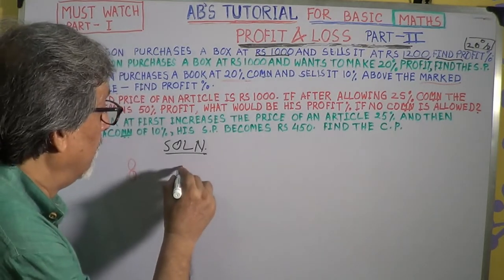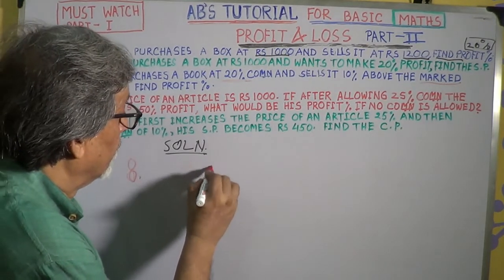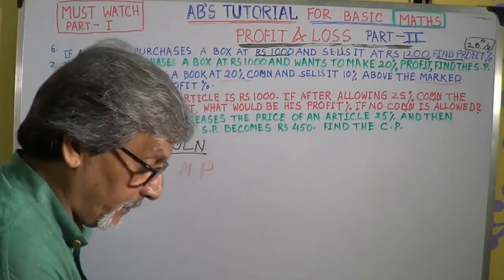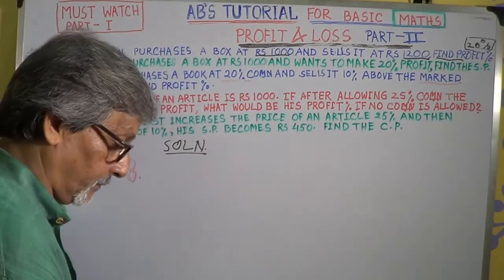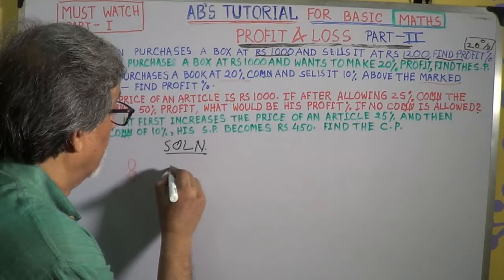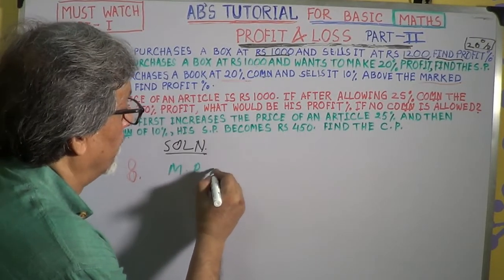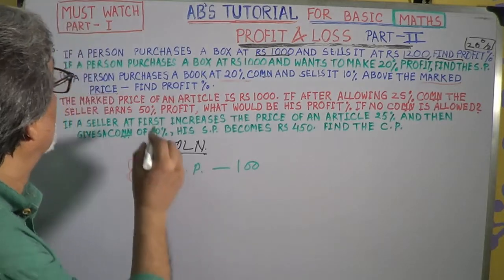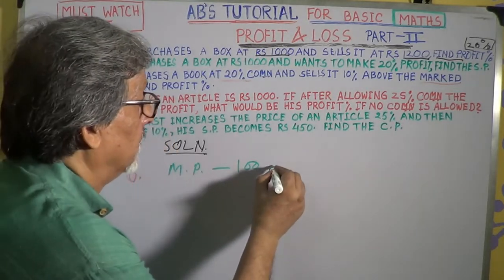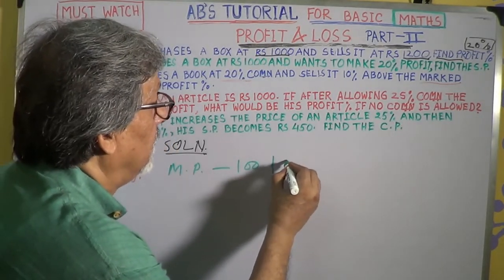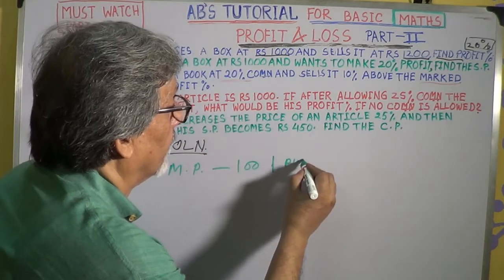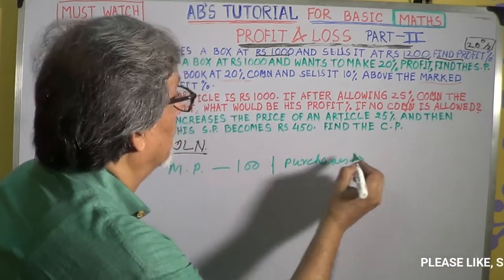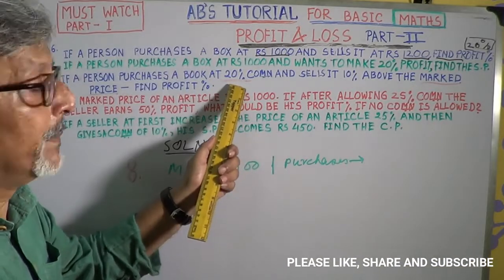So if we think that our marked price is rupees 100, this person practically purchases this article after getting 20% commission.